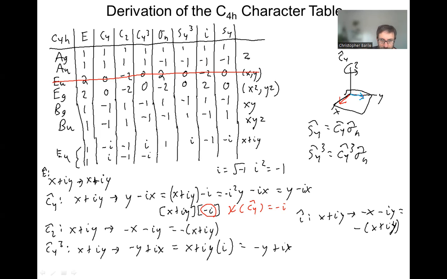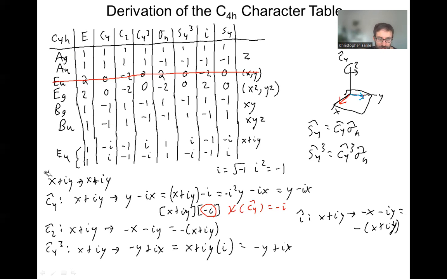That's negative i. Something plus 1 has to equal 2. That's 1. Something plus i has to equal 0. It's negative i. You start seeing patterns here. Something plus negative 1 has to equal negative 2. That's negative 1. Something plus i has to equal 0. That's positive i. And so that is exactly how you break up this Eu vector into imaginary components.